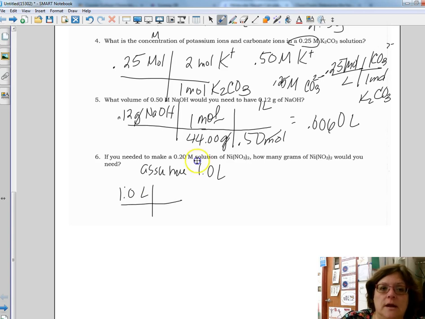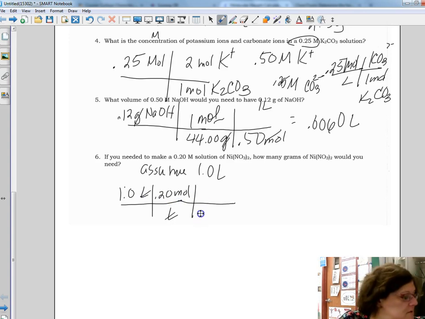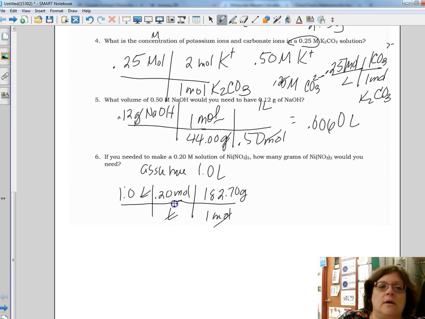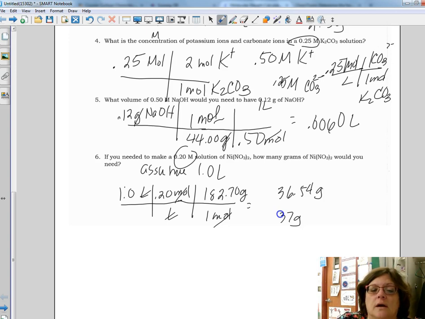The molarity given is 0.20 moles per liter. That liters will cancel. Then I'm going to change to grams. Nickel 2 nitrate has a molar mass of 182.70 grams in 1 mole. That cancels moles. And when we do the math, we end up with 36.54 grams. 2 sig digs is going to be 37 grams.